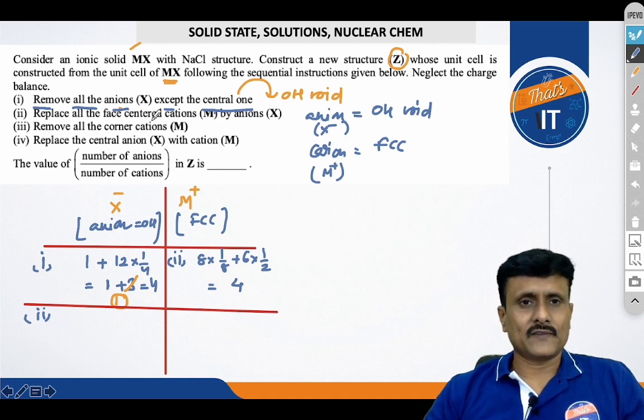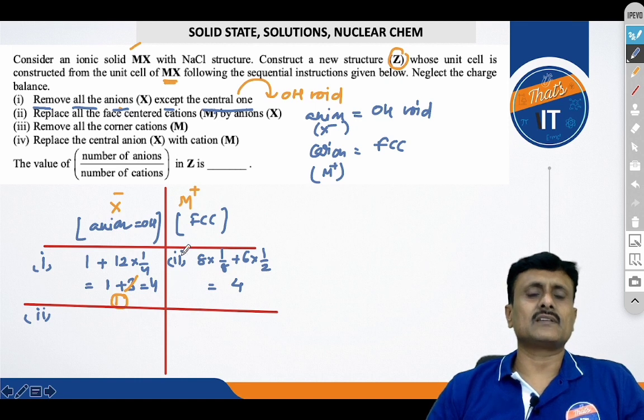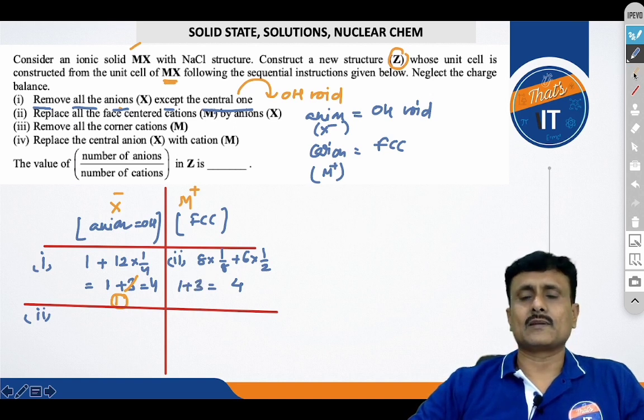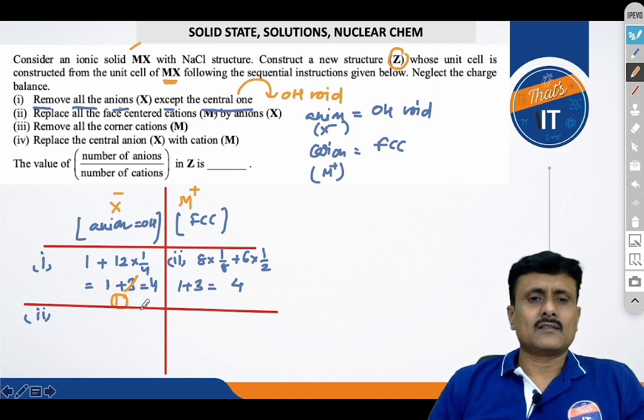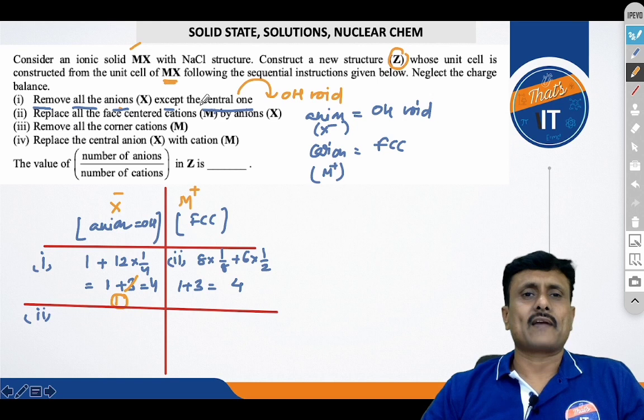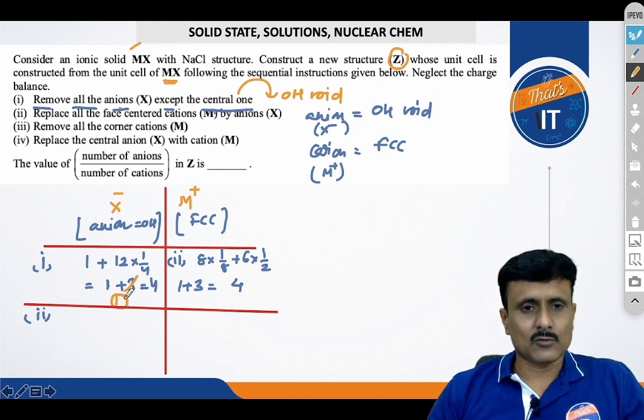Replace all the face centered cations M by the anions, right? The face centered cations are equal to 1 plus 3. In the first step you removed all the anions X except the central one, meaning these 3 are removed and only 1 is left.